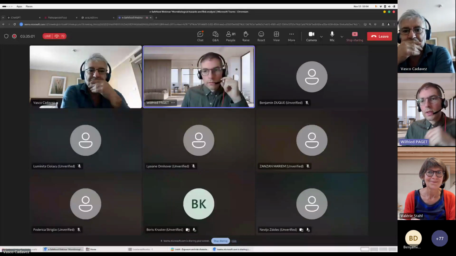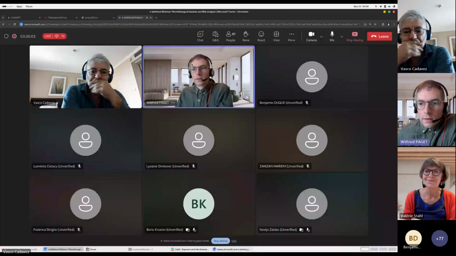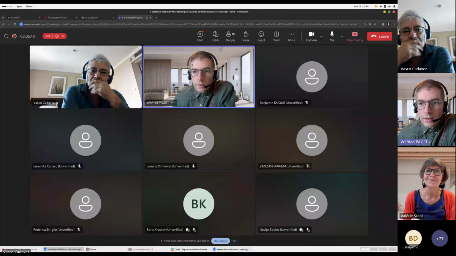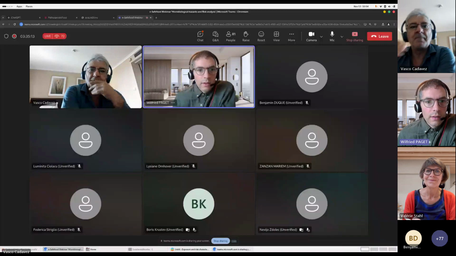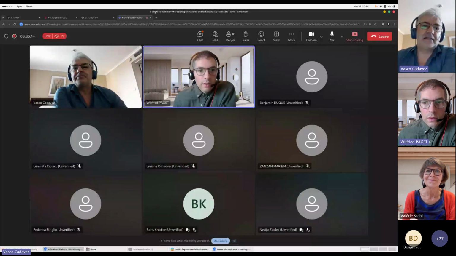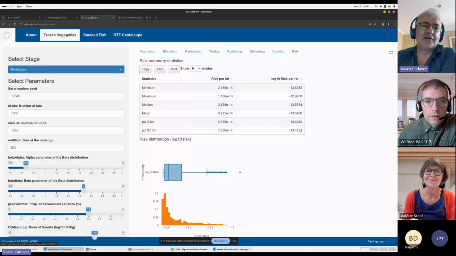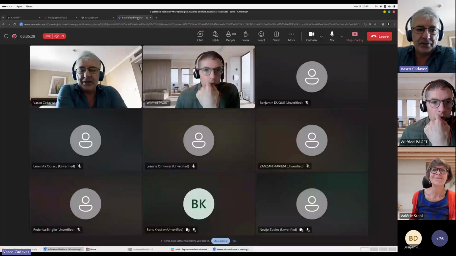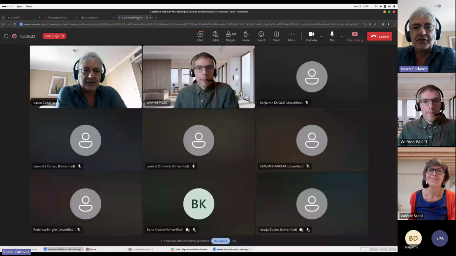We had also other questions from Magda. So can we change the commodities? I think the answer is yes. Yes. In this case, we have only 3: frozen vegetables, smoked fish, and RTA cantaloupe, but not in the Shiny, because the Shiny is fixed. But with the R package, you can adapt it for different commodities.